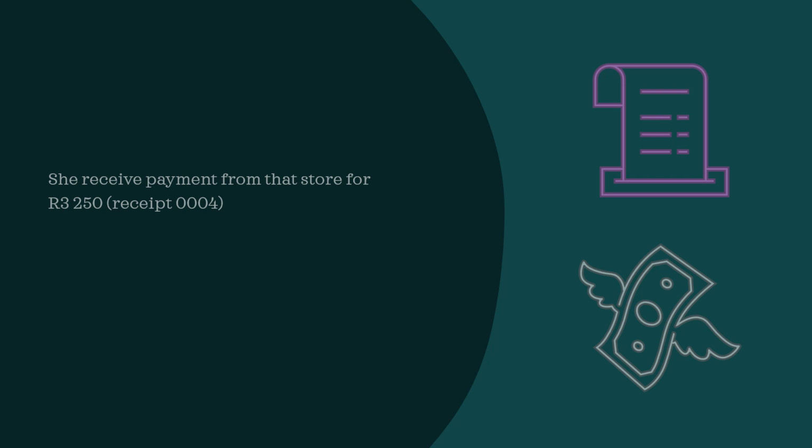Then she received a payment from that store for 3,250. You'll remember that was the credit invoice. That was previously the tricky question. So is this money received or paid? Well, it's right there. She receives the money.